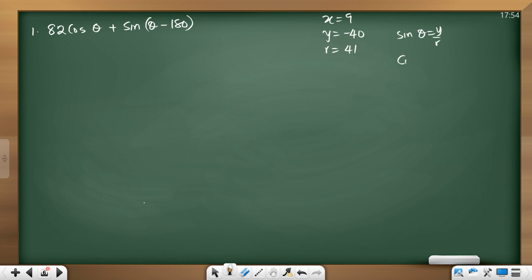Sine theta is Y over R, cos theta is X over R, tan theta is Y over X. It's the same thing as your SOHCAHTOA. So I can actually work now. What do I have? 82. What is cos? X over R, which is 9 over 41, plus. Let's reduce sine theta minus 180. This is why I said reduction is important. Do we know how to reduce?